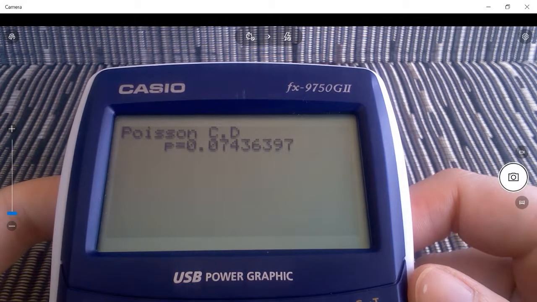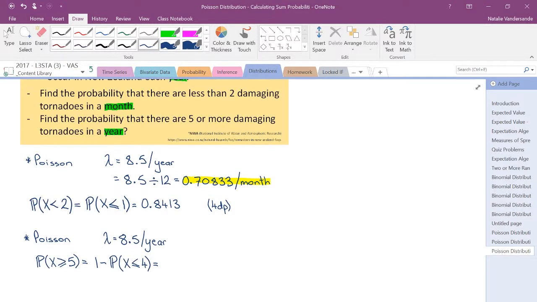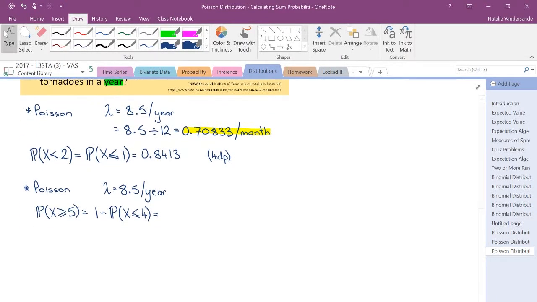And there we have our answer that we need to use. Writing down our answer. And there we have our answer to 4 decimal places.